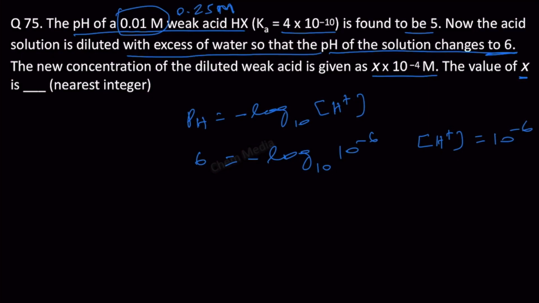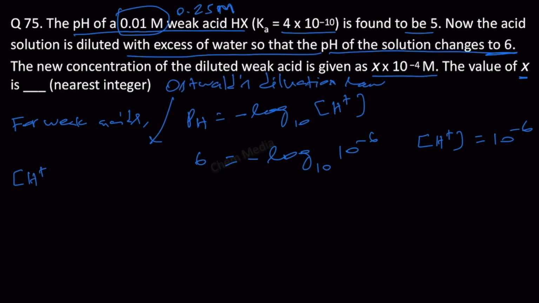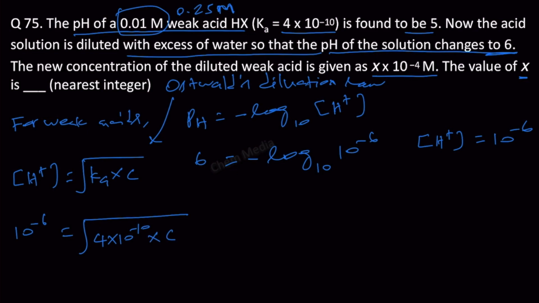Now for weak acids, as per Ostwald's dilution law, we know that H plus ion concentration is equal to square root of Ka times C. So therefore 10 to the power minus 6 is equal to square root of 4 times 10 to the power minus 10 times C. So if we square it on both sides, then it would become 10 to the power minus 12 equal to 4 times 10 to the power minus 10 times C.